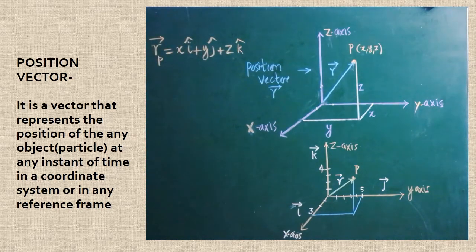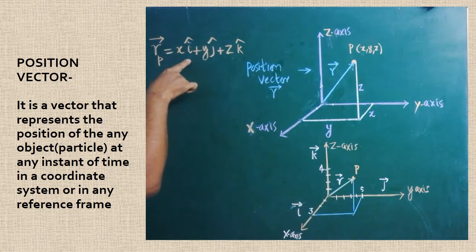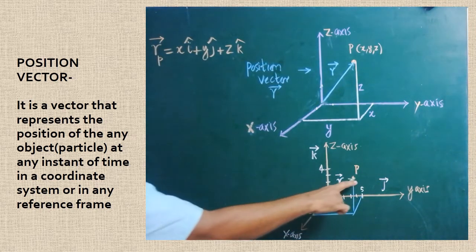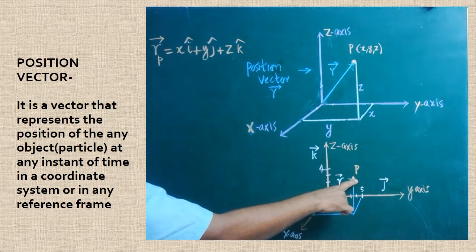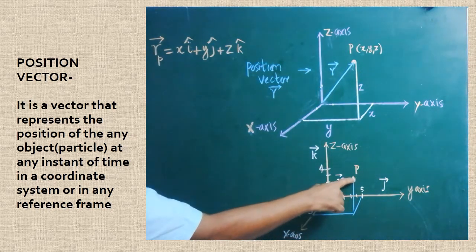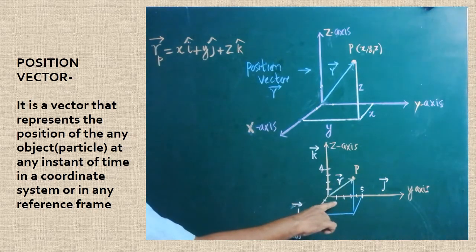Let's see the other explanations and other illustrations. To understand the thing in a better way, I have given one more illustration. Let us imagine a point P in the space in the three-dimensional coordinate system. Now we are going to write the expression for R vector, that is position vector for this point P. Look at the units which are available in the x-axis.